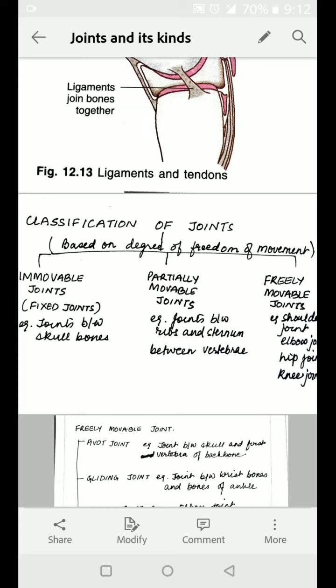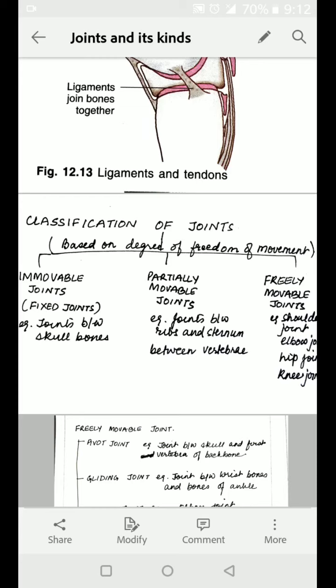Then the third category of joints are the freely movable joints. These are joints where one bone moves freely on the other bone, and most of these freely movable joints are the synovial joints.